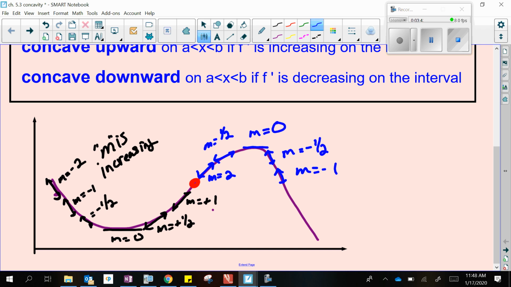So as of this point, what's happening over here? Are the slopes getting higher or lower? Increasing or decreasing? Just the blue slopes. They're decreasing, right? So the function is increasing this whole time on this interval, from the min to the max. But at this particular point, this red point, the slopes start decreasing.